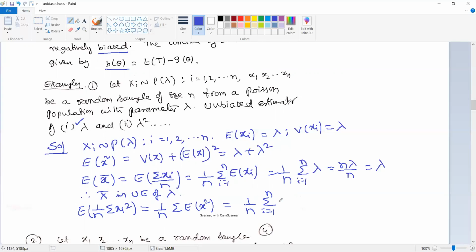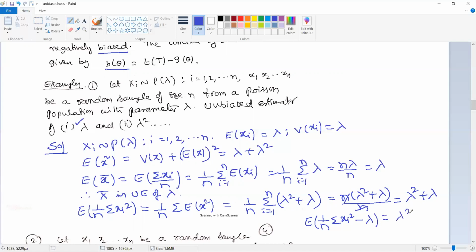Here expectation of Xi square is lambda square plus lambda, which is constant. So it is n into lambda square plus lambda, divided by n. The n cancels, so that is equal to lambda square plus lambda. Now our requirement is lambda square. Expectation of 1 by n summation Xi square minus lambda is equal to lambda square.